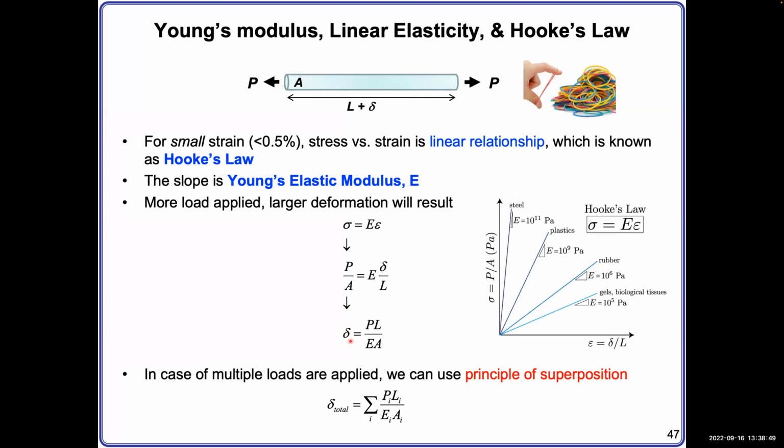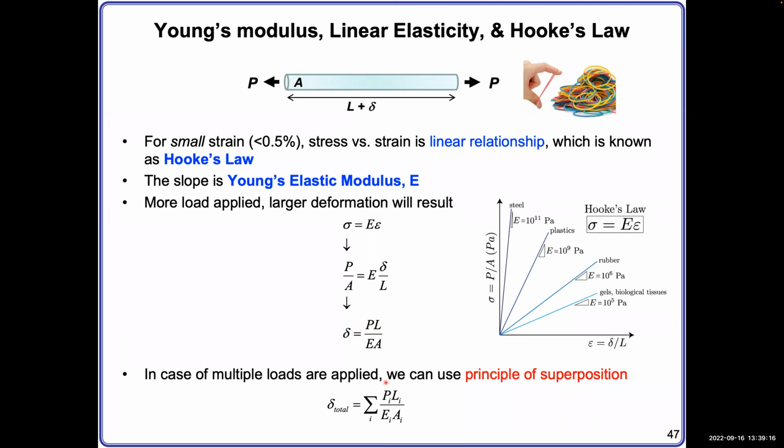Now, there is a really important principle of superposition. If you have multiple loads applied to an object, that object will have one final displacement, but it is contributed by the individual displacements resulting from each individual force.